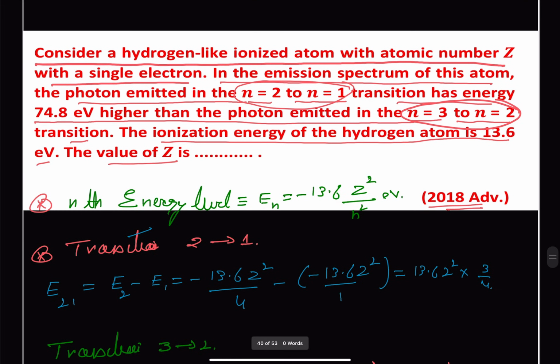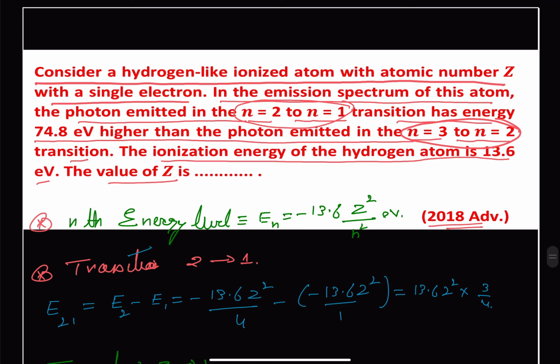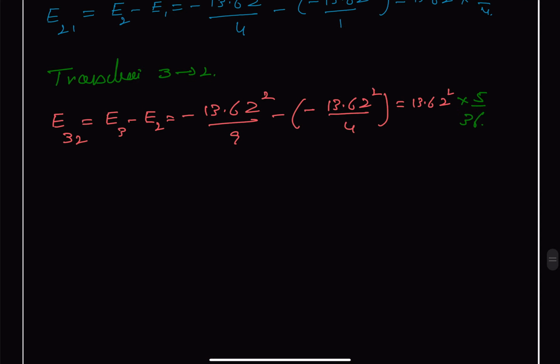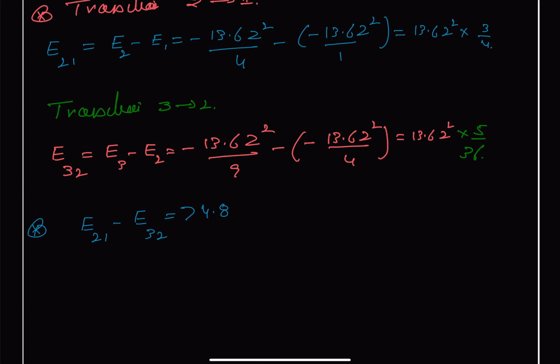And we are given that the transition energy is higher by an amount of 74.8 electron volt. So we can write that E21 minus E32 will be equal to 74.8 electron volt. So we simply substitute their values.